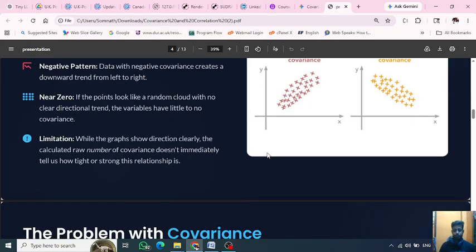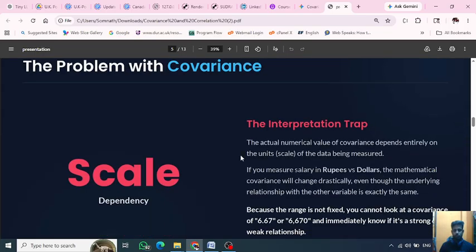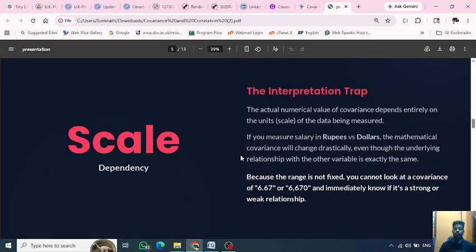The problem is that the actual numerical value of covariance depends entirely on the unit or scale of the data being measured. Suppose your salary is measured in rupees versus dollars, the covariance will change drastically.